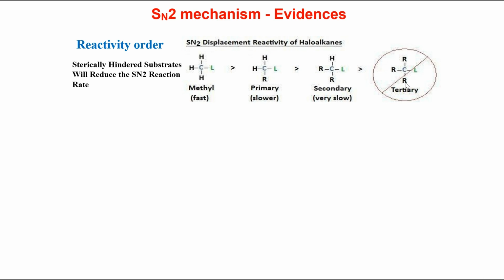Why is it so? If there are three alkyl groups, as in a tertiary alkyl halide, the bulkiness of the alkyl groups hinders the incoming nucleophile from attacking the carbon to which the leaving group is attached. This indicates that the attack is taking place from the backside as proposed.